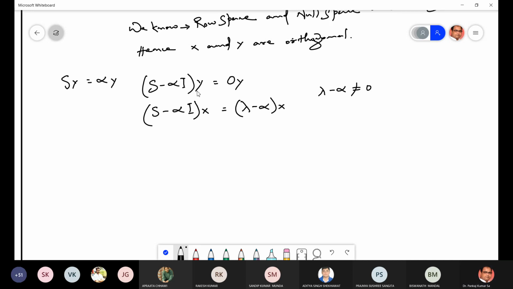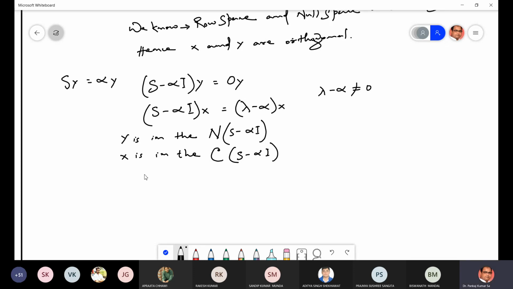So now what? Y is in the null space of S minus alpha I. X is in the column space of S minus alpha I. Again, the same thing: y transpose x equals 0.